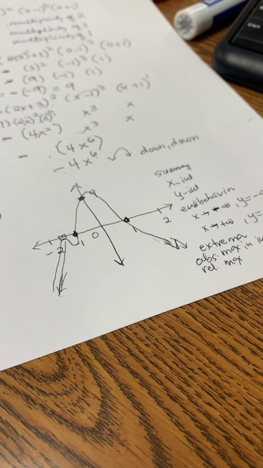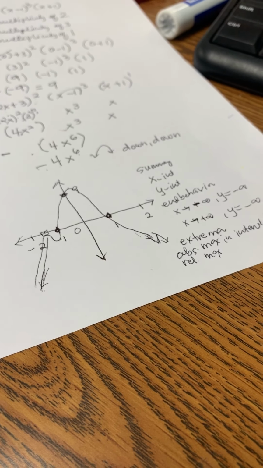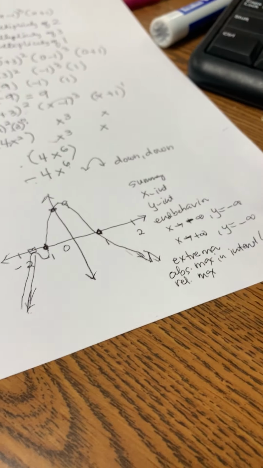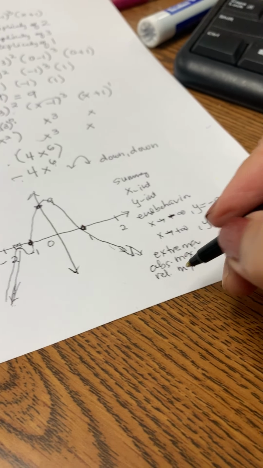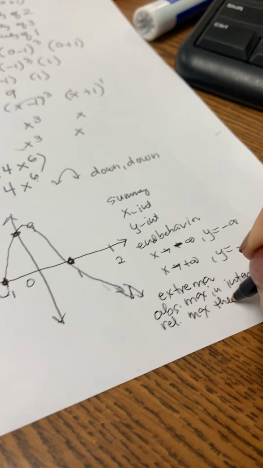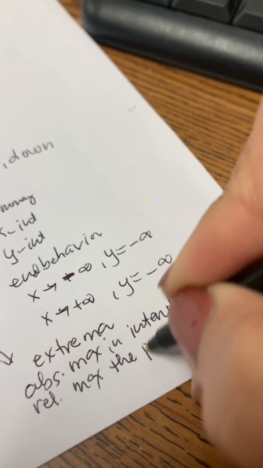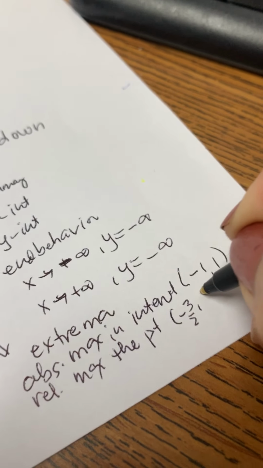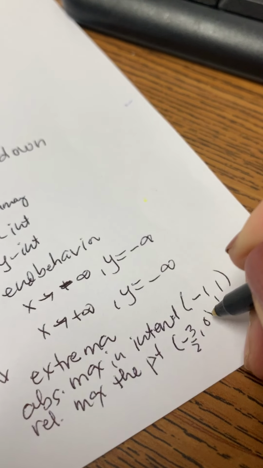A relative max, yeah, that one. Whenever we bounce, that's a relative max or a relative min. So the point negative 3 halves, 0.